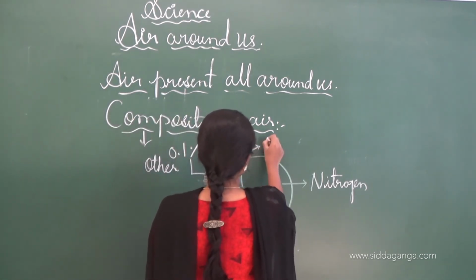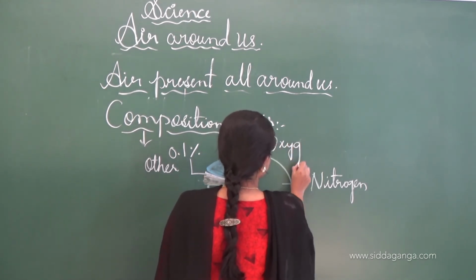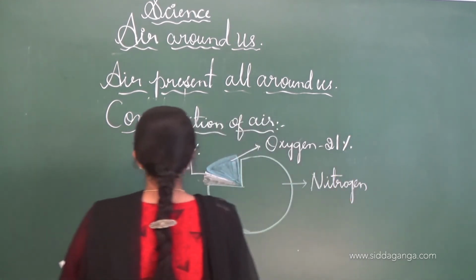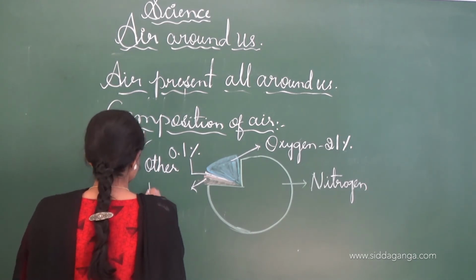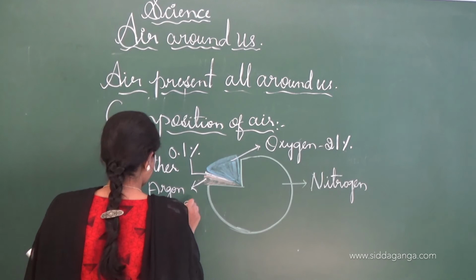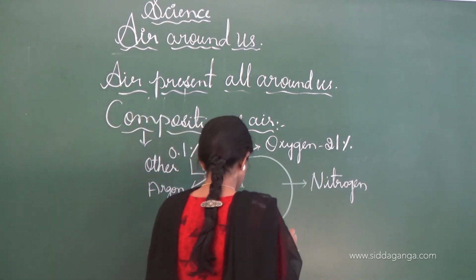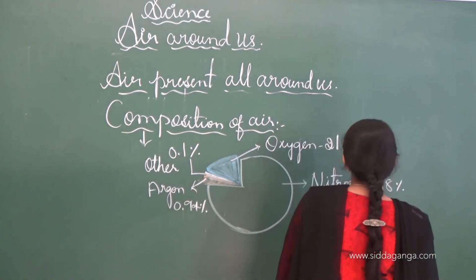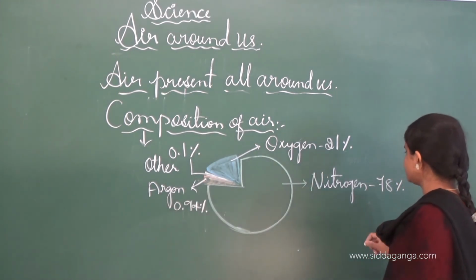Oxygen is present at 21%, and here this one is argon, 0.94% is present as argon, and here 78% of nitrogen is present.